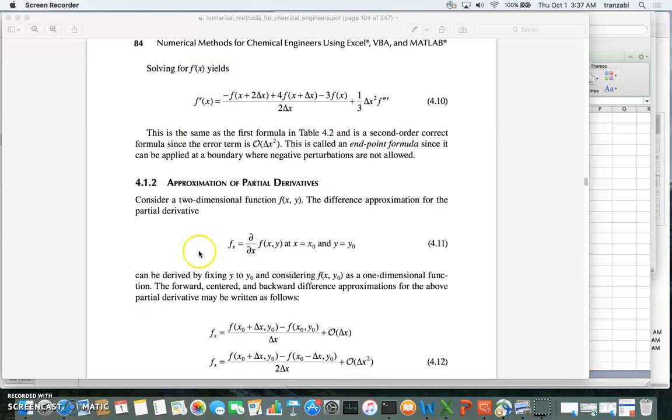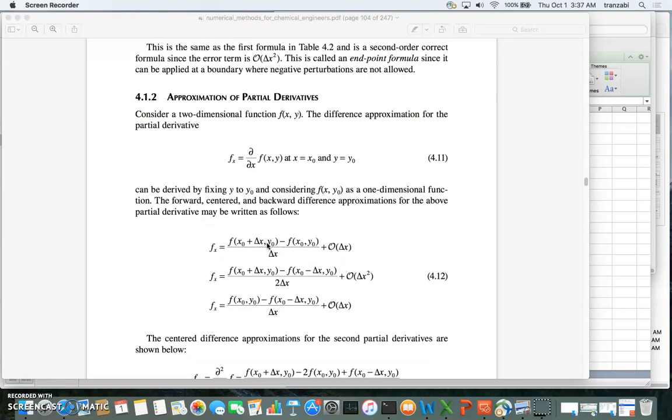Okay, so in equation 4.12, we look at the derivative with respect to x of a function f, which is a function of x and y. If you want to take the derivative with respect to x, we can just apply forward difference or backward difference only on x and keep y fixed.